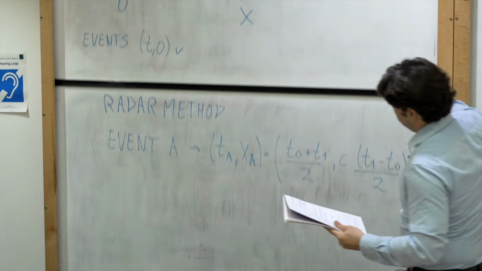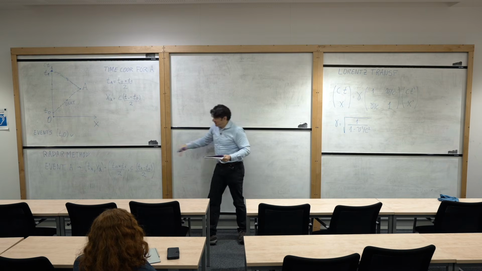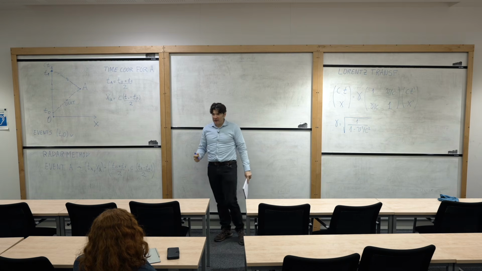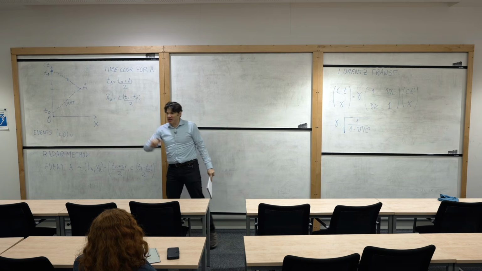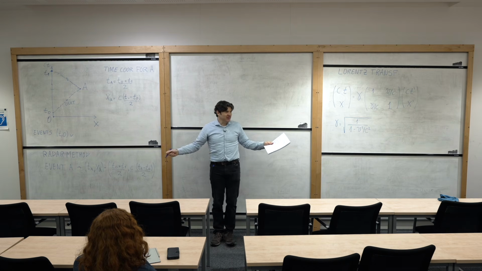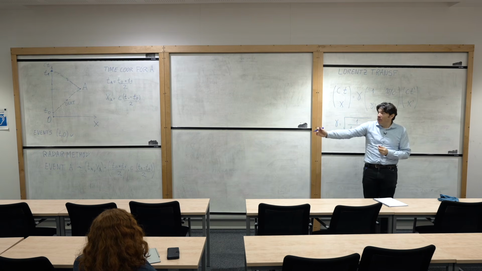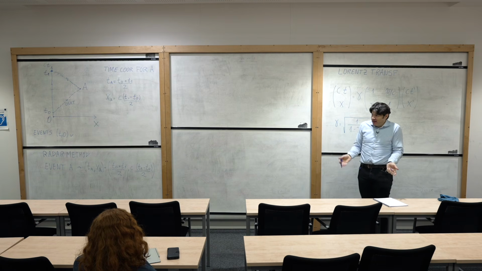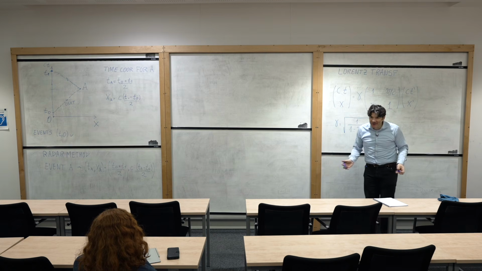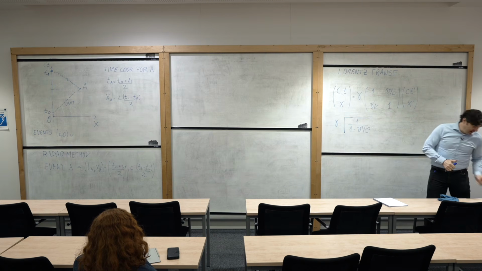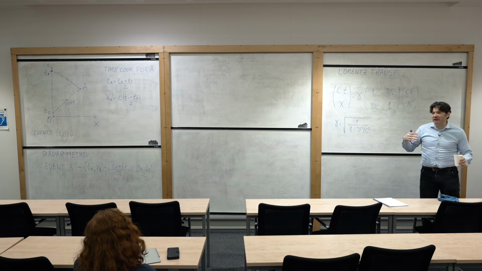So all I am saying is that if I have a clock and a beam of light, which I can throw to events, just by measuring how long light takes to go back and reflect, I can assign both a time and an x coordinate to all events in the universe. Is that okay? Beautiful.